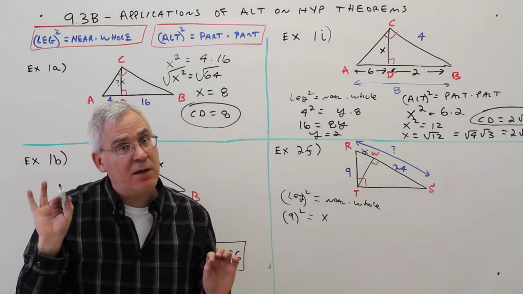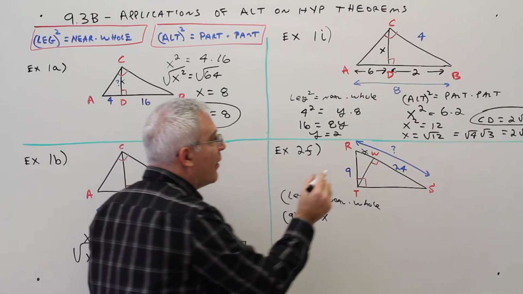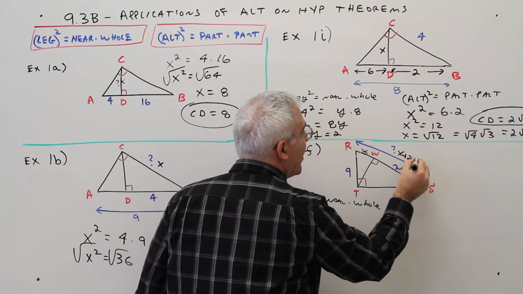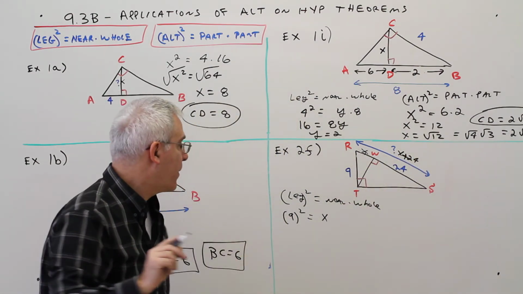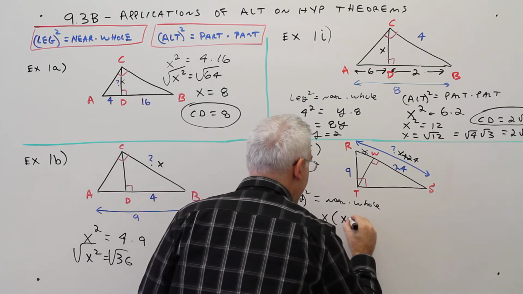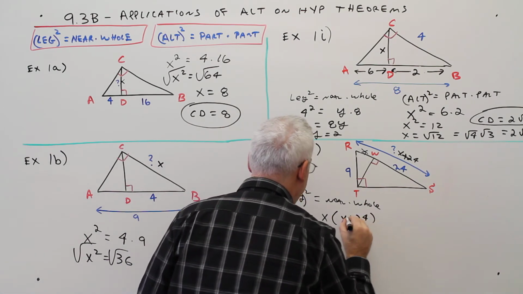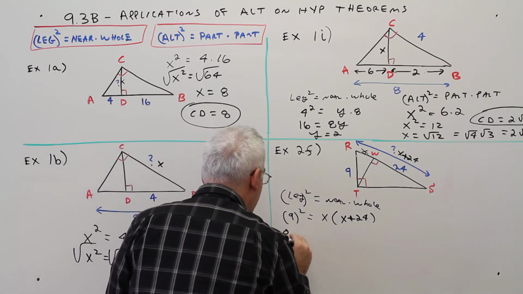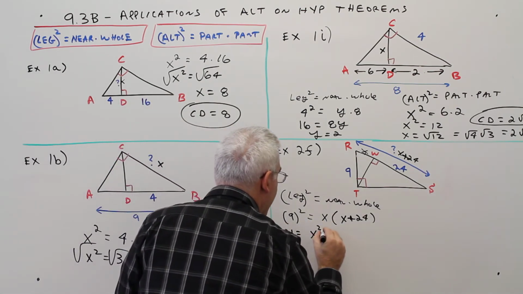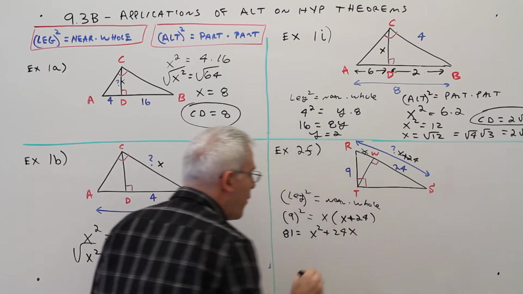This is confusing. It's not 24, it's x plus 24. That's the source of several mistakes. X plus 24. Okay, I'll just evaluate that, distribute. So 81 equals x squared plus 24x.